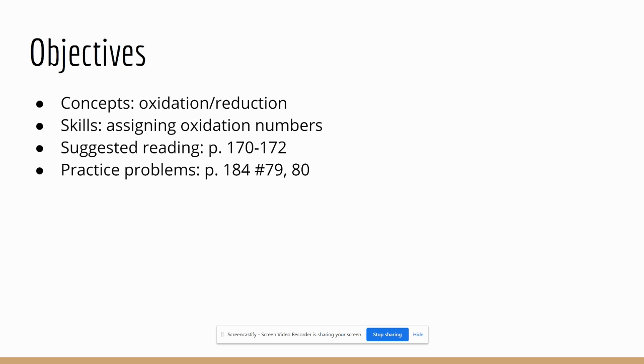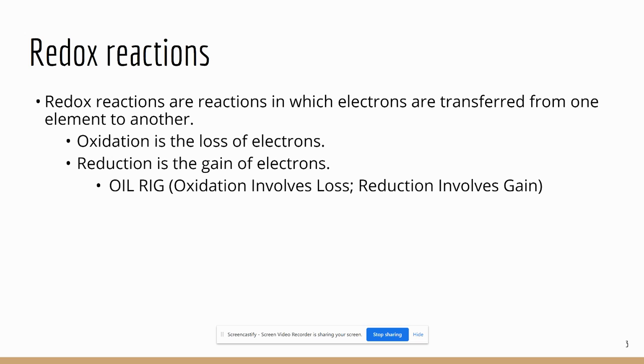Here are our objectives for today's video. We've talked about double replacement reactions, dissociation reactions, and acid-base reactions. What all three have in common is that they are not redox reactions. So we're switching to reactions that are redox reactions, also known as oxidation-reduction reactions.